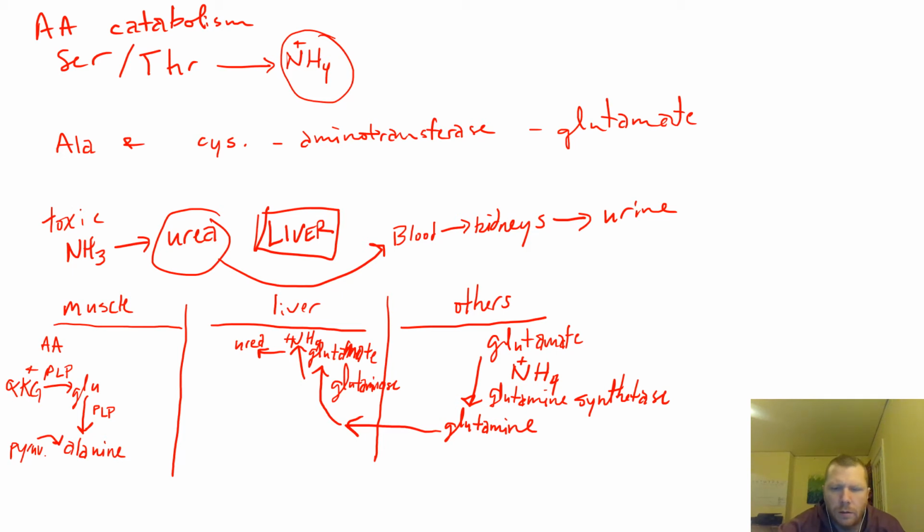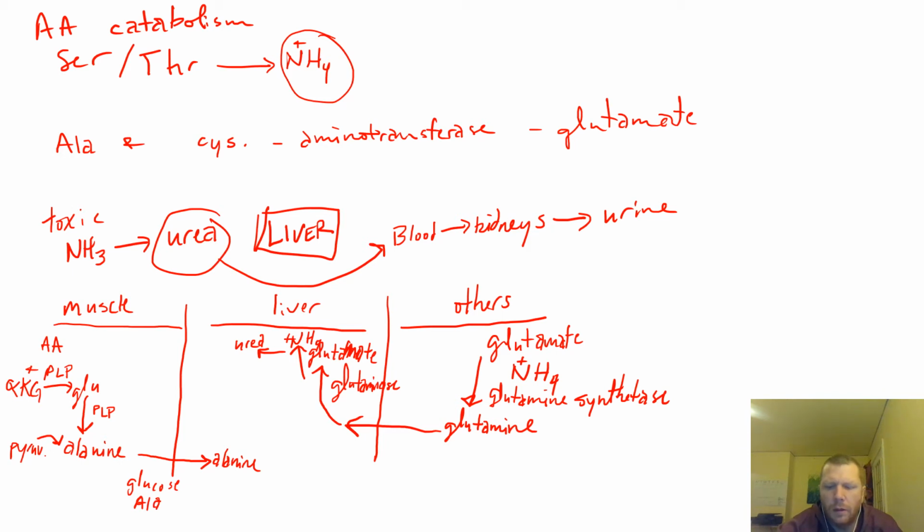That alanine can go through the blood to the liver, where we still have alanine. And this is known as the glucose alanine cycle.